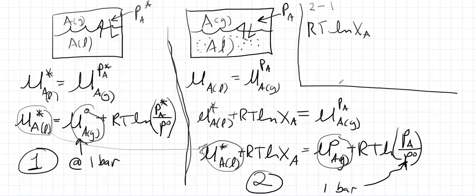So on the right-hand side, what do we have? On the right-hand side, we have RT log of PA star over P naught. We're subtracting equation 1 from equation 2, so we need to put a minus sign there.